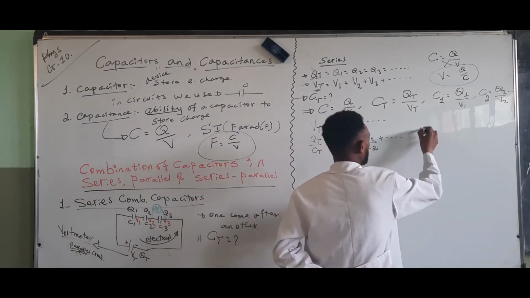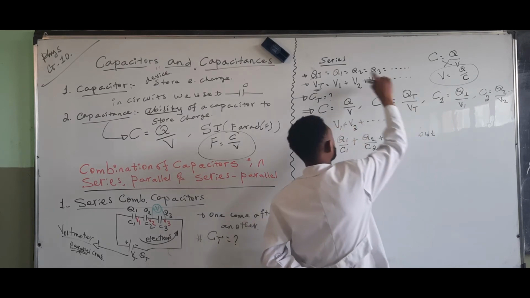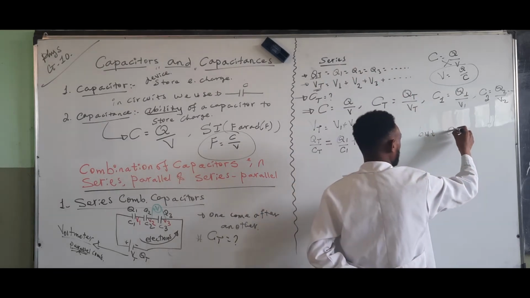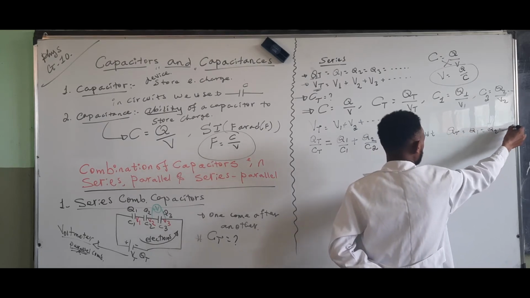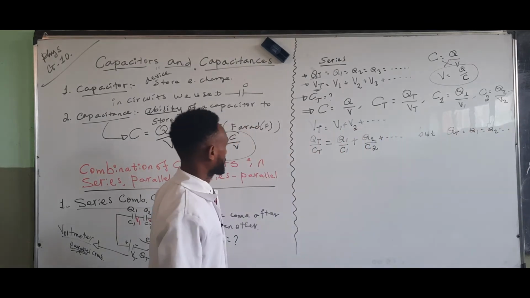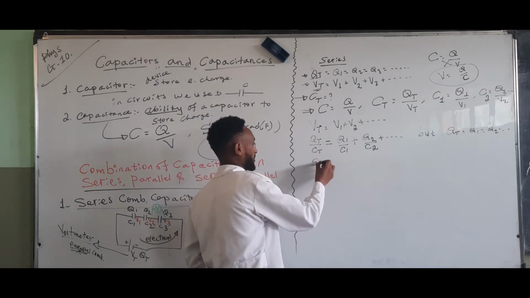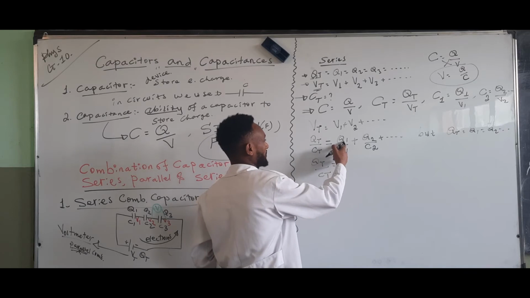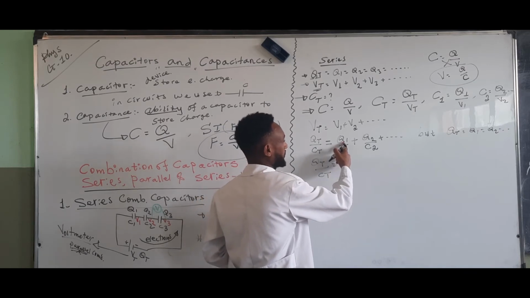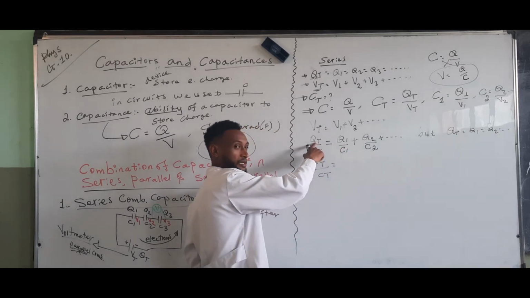But we know that in series combinations, the total charge is equal to each individual charge.